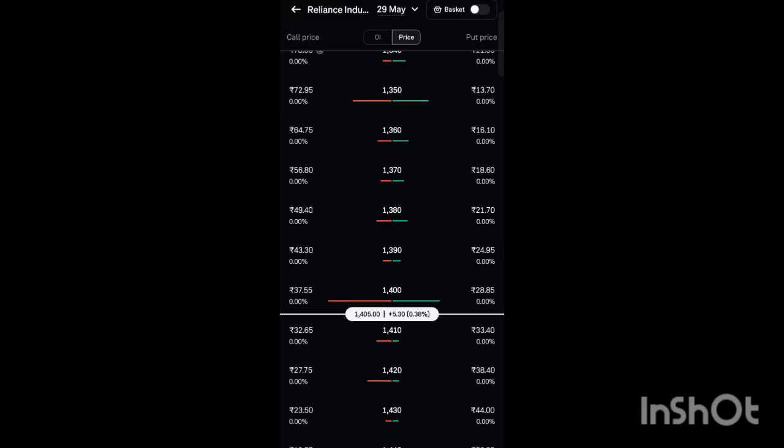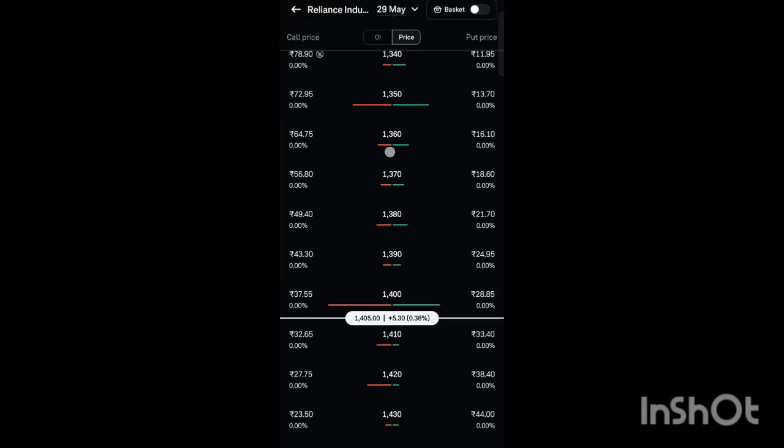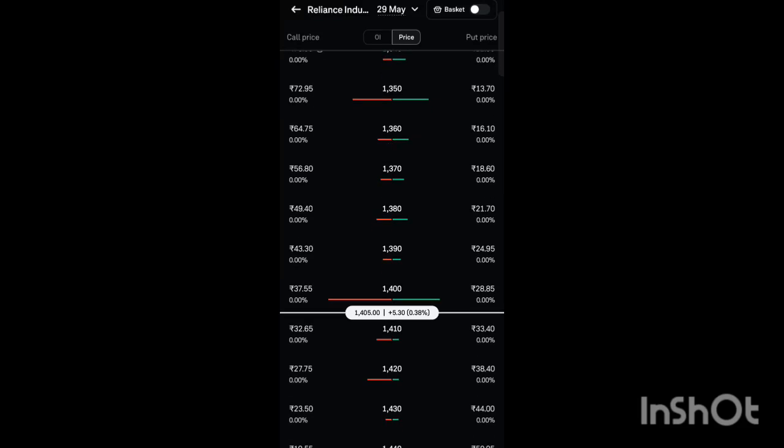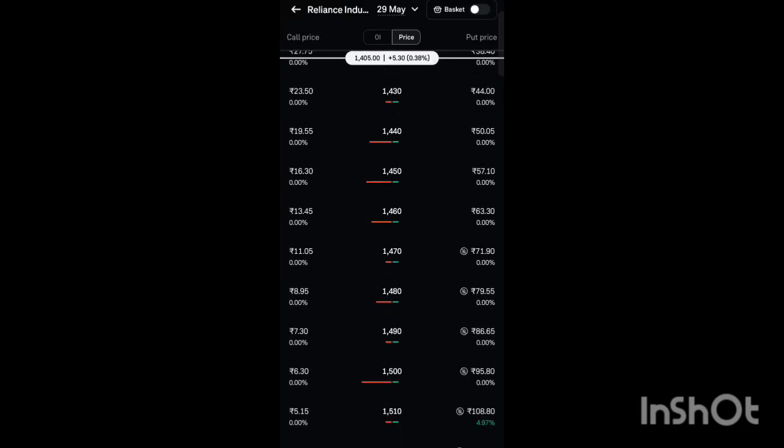There is OI data on 1350, not huge like 1400, but you can also watch 1350. If 1400 is unable to hold, then you can use 1350 as the next support or resistance.